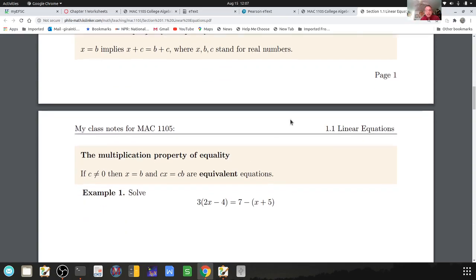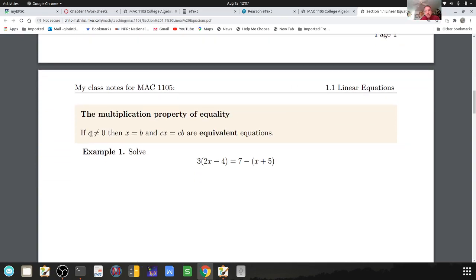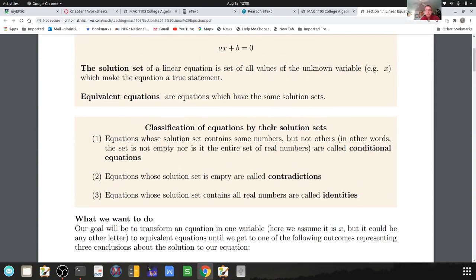The multiplication property of equality: as long as I don't multiply both sides by 0, if x is equal to b, then cx is equal to cb. In other words, x equals b is one equation, a linear equation. cx is equal to cb, they're equivalent equations. And what's an equivalent equation?